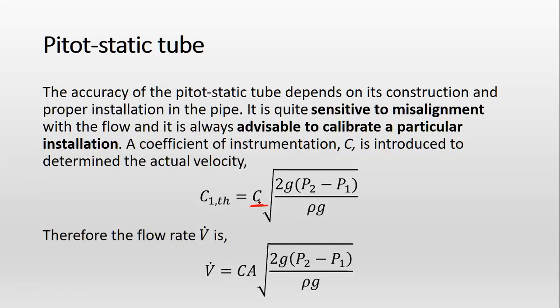Then after that, we apply V dot equals A C, and this will give us our final flow rate. So don't be confused. This C here is our coefficient of the instrumentation. That is written here.